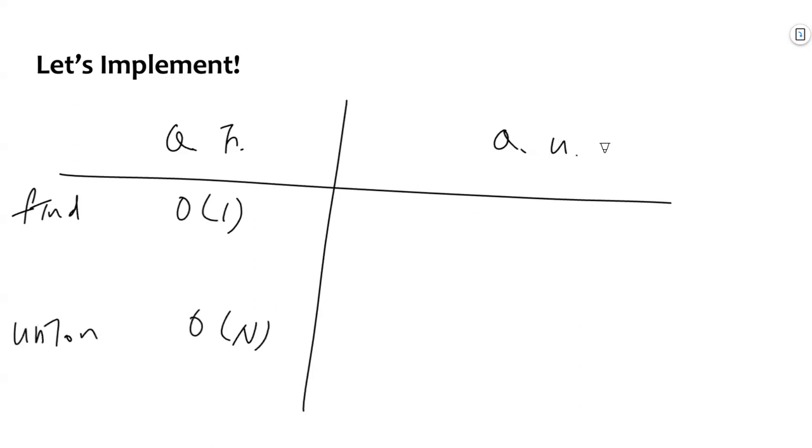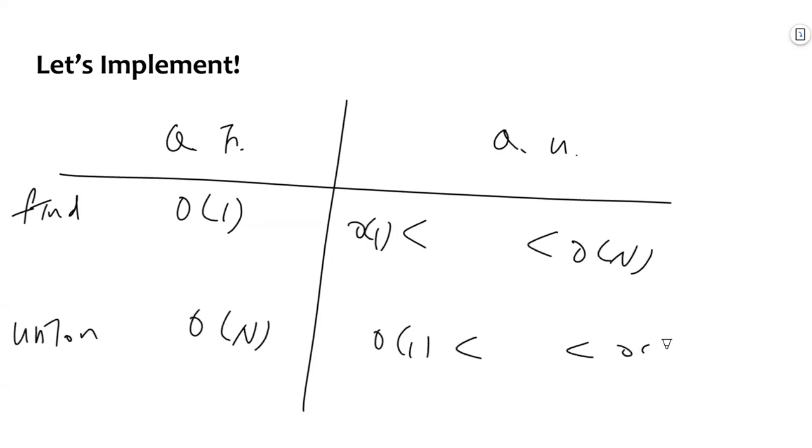And in the case of quick union, the find operation was between O(n) and O(1). And the union operation was between O(1) and O(n). Okay, so can you see the difference?